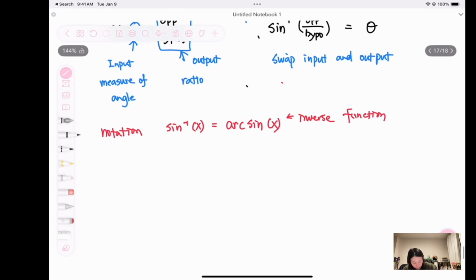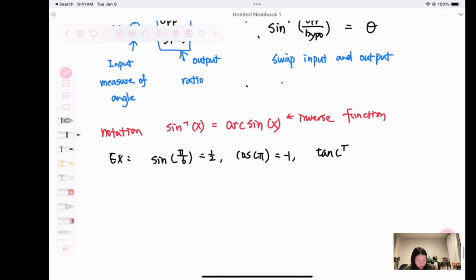So for example, if I have sine pi over 6 equals 1/2, and cosine pi equals -1, and tangent pi over 4 equals 1, and I want you to find sine inverse, cosine inverse, and tangent inverse. Okay, now let's begin. So here's my answer.